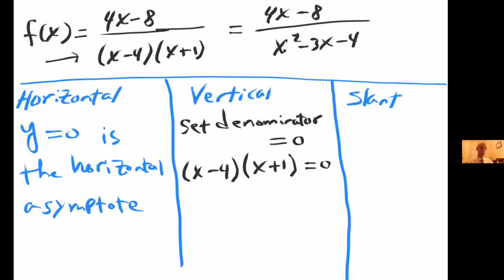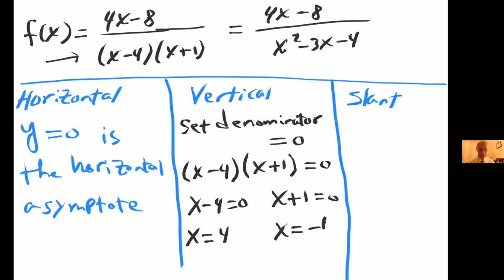Using the zero product property, x minus 4 equals 0 and x plus 1 equals 0. That gives me x equals 4 and x equals negative 1. So I have two vertical asymptotes, at x equals 4 and x equals negative 1.